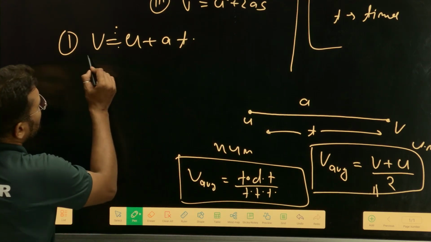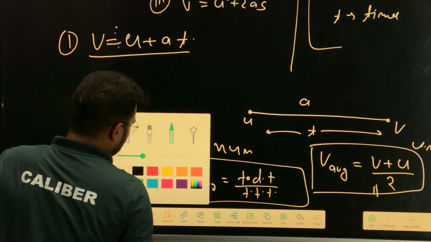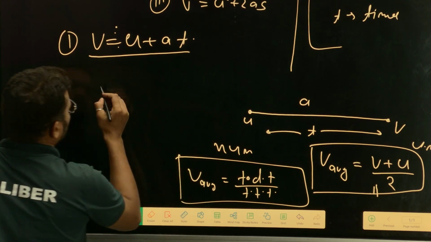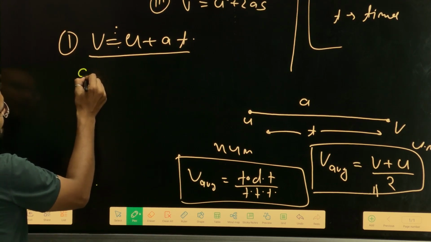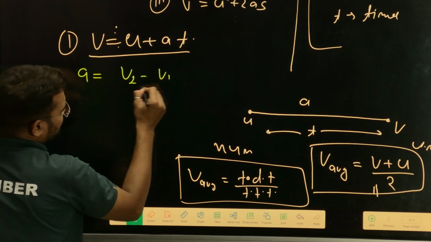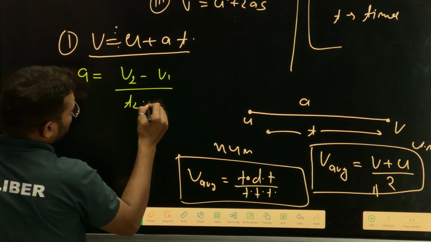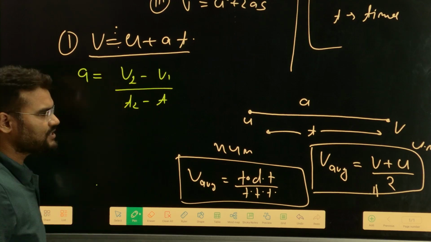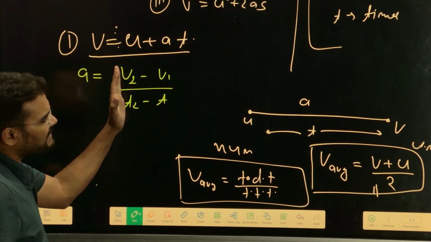So now we will try to understand the derivation of the first equation. We can write acceleration is equal to V2 minus V1 upon T2 minus T1. Correct? So now, what is the final velocity here?